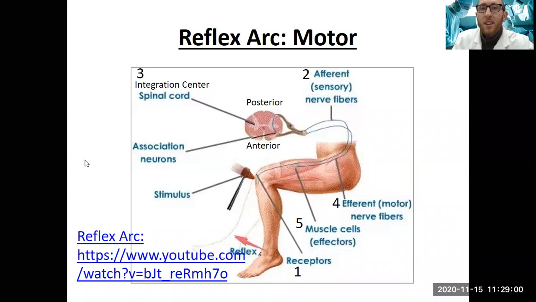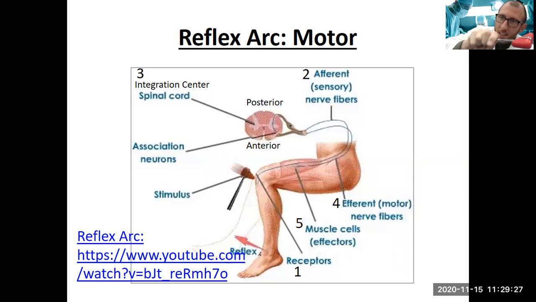But we are on to the reflex arc next. So a lot of what we did before wasn't really motor, but now we're going to do something with motor. And this is the classic going to the doctor's office, getting a reflex hammer, hitting it on the knee, and the knee kicks out. You've probably all done that before, but the question is why?